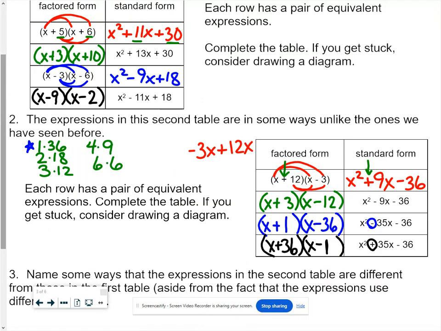And in the third and fourth one, right here, we've got a minus, minus, minus, minus, right? That looks like an equal sign now, sorry. In the second table, we had 1 positive and 1 negative, 1 addition, 1 subtraction. Okay, so that's how the factoring is going to be different on this.